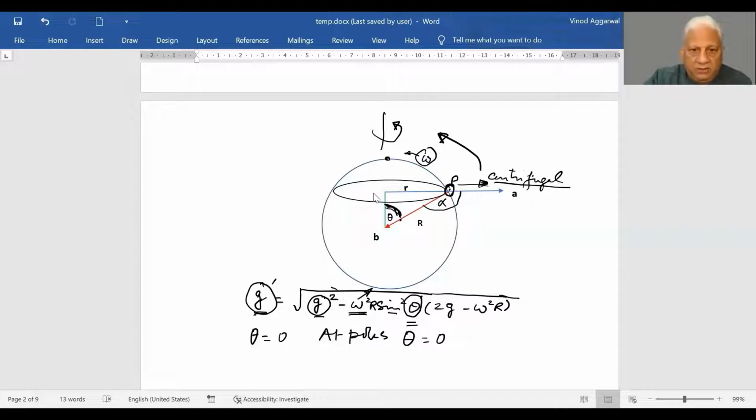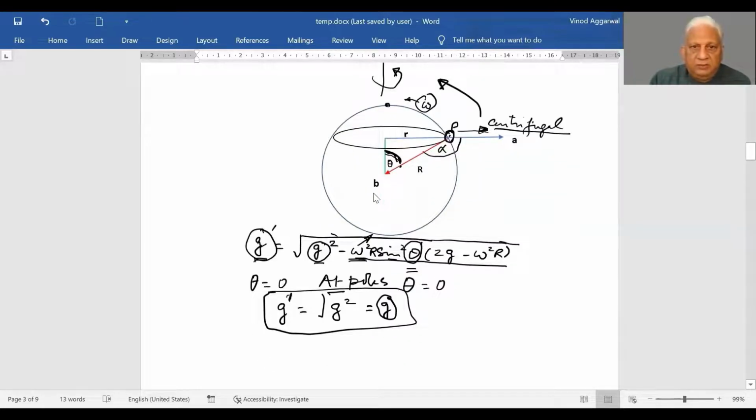If that is the case, then you will be left with g dash equal to g square. This whole term will become 0, meaning thereby at the pole you will have no effect. The apparent g will be the same as actual g.